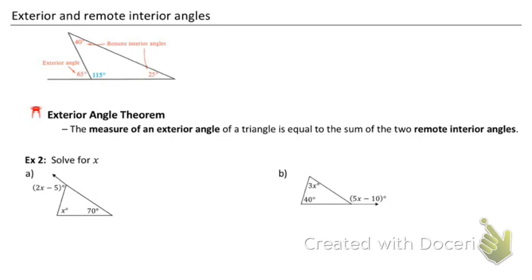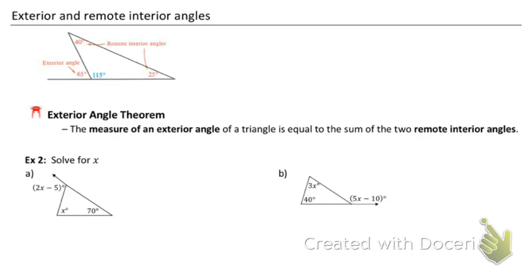As a quick example, you don't need to write this, I just want to show you something. Let's say I had that line extended, and I said this was 155 degrees. If this was my exterior, these two would be my remote interior. It's the one farthest away from your exterior angle. So knowing which one is your remote interiors is dependent on which one is your exterior angle that you're looking at.